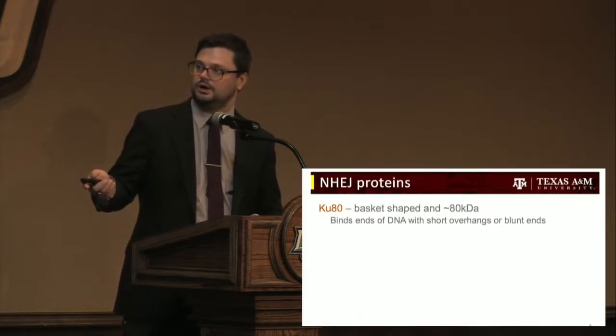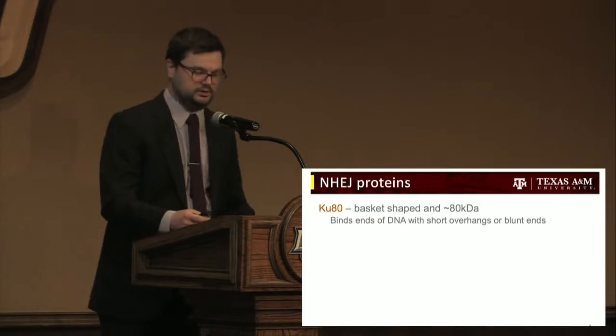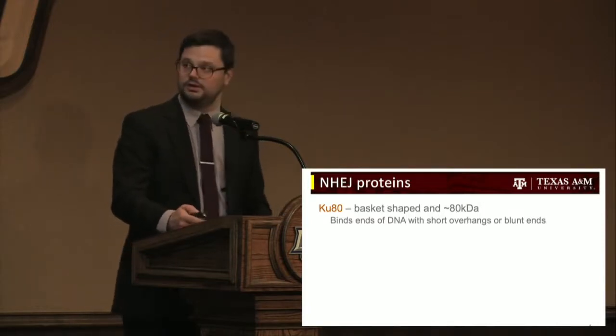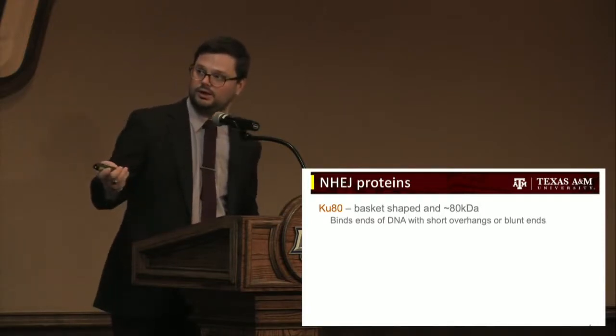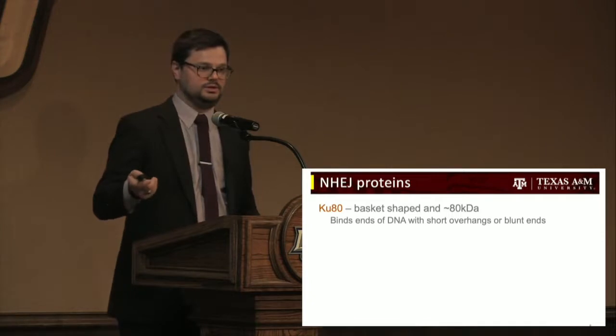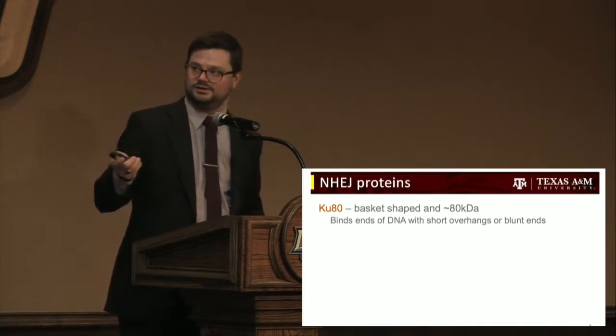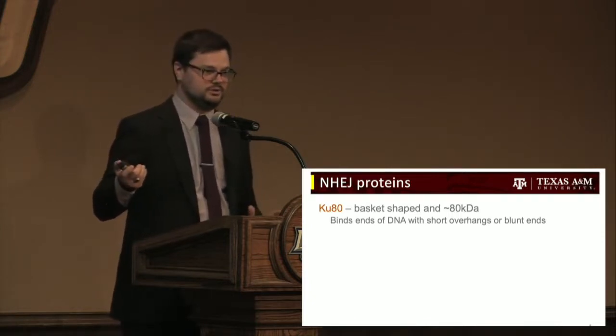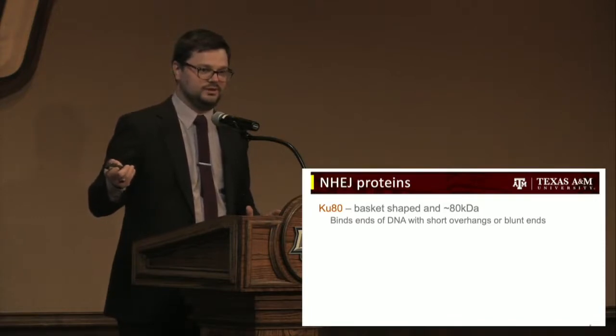And so focusing in on the non-homologous end joining proteins that I'm trying to knock out, Ku80 is basket-shaped. It's called Ku80 because it's 80 kilodaltons. There's a Ku70 that is, would you believe it, 70 kilodaltons. I have no idea why it's called Ku. That part of its name is a mystery.